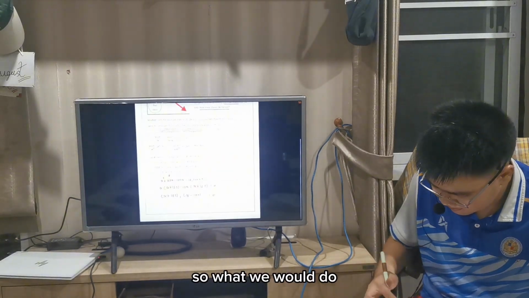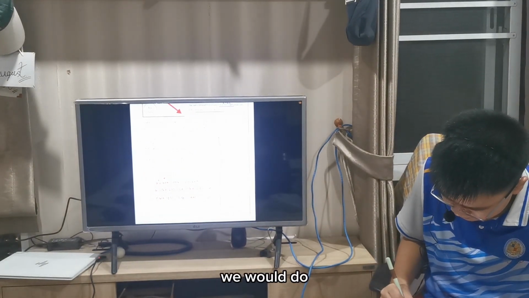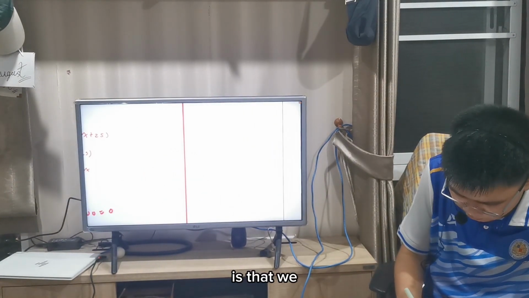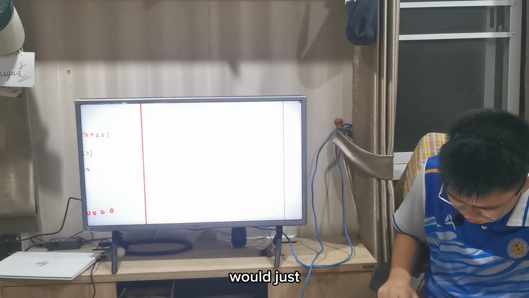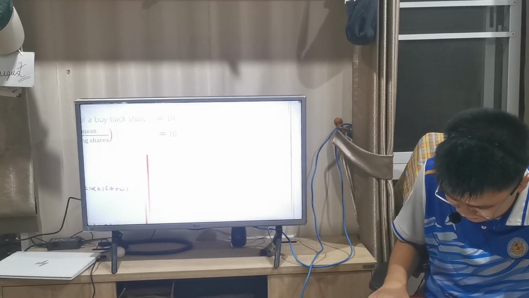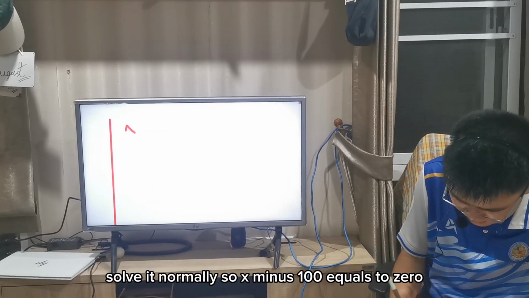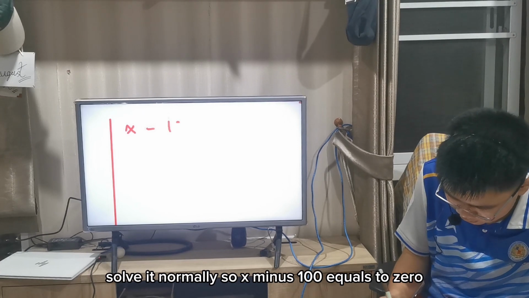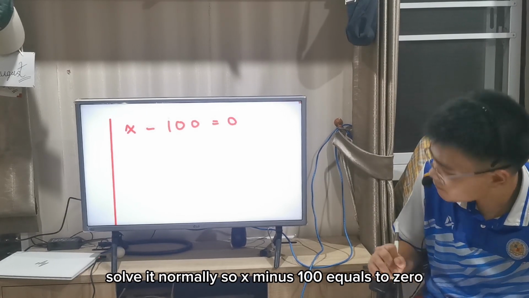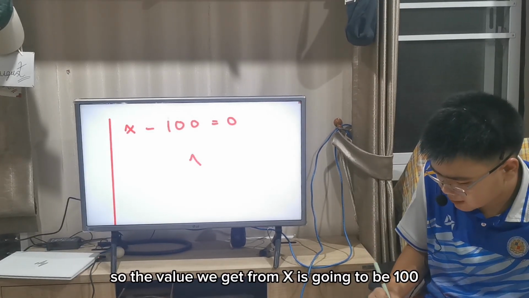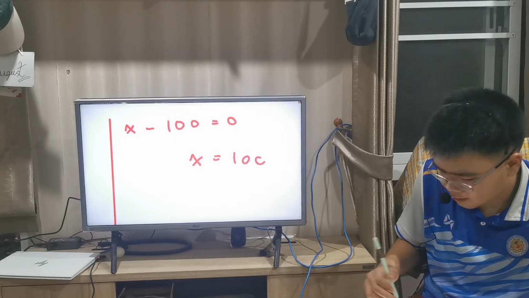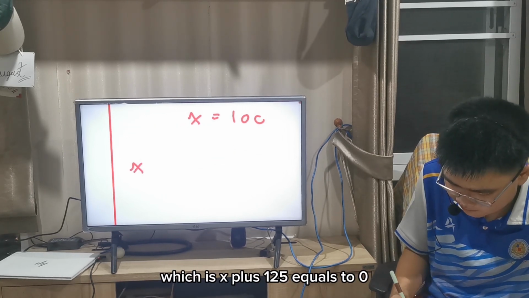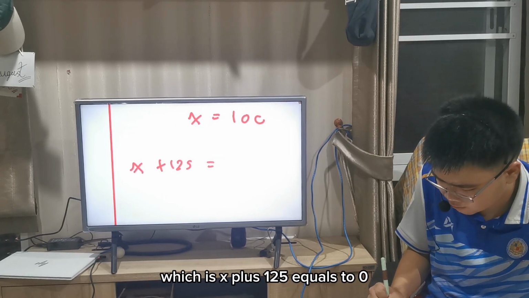So what we would do is just solve it normally. x minus 100 equals 0, so the value we get for x is going to be 100. Now we're going to solve the other one, which is x plus 125 equals 0.